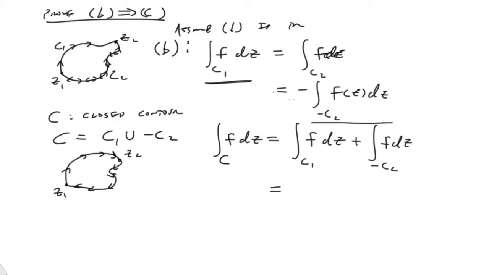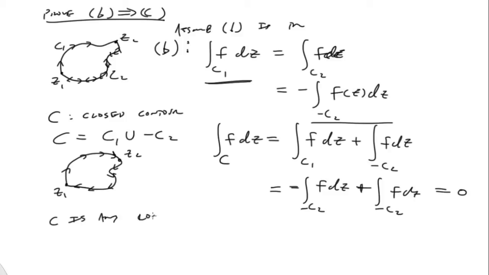So I can write that as the integral over minus C2 of f dz plus the integral over minus C2 of f dz. Of course, we have a plus and a minus of the same things. That has to be 0. And so this is true for any closed contour, because C is any contour in D. Therefore, B certainly implies C, which states that any closed contour integrates to 0, which is certainly true here.